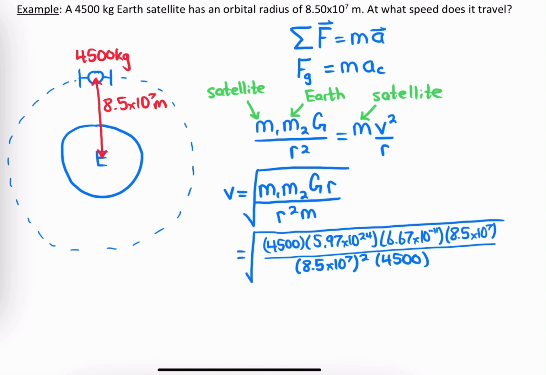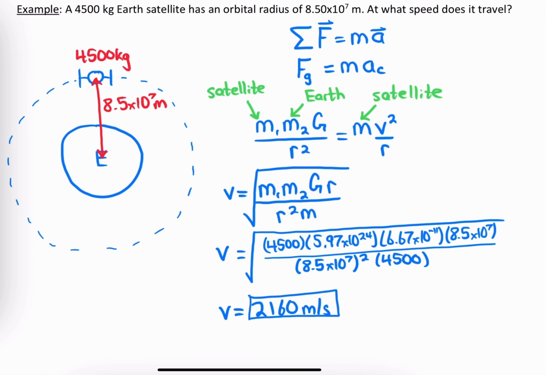And if you crunch through this, you should get that the speed of the satellite is 2,160 meters per second. Given that the speed of sound is a little over 300 meters per second, we're looking at maybe 7 times the speed of sound here.